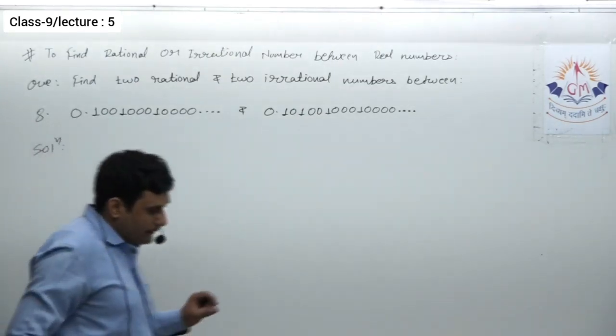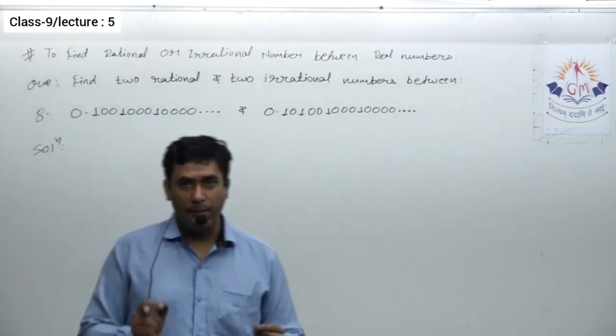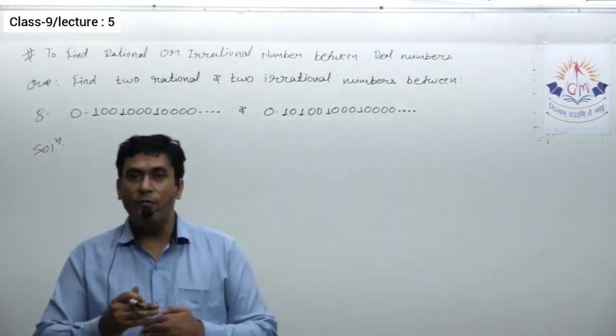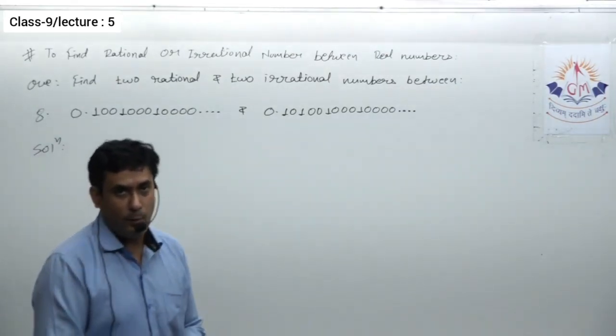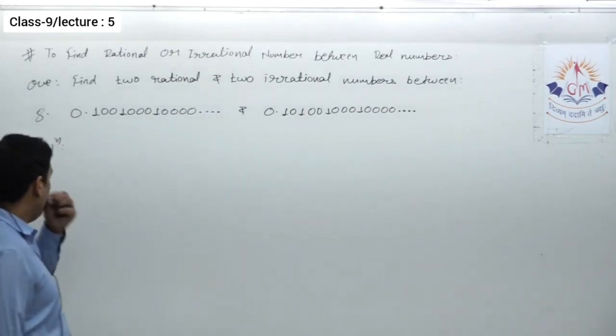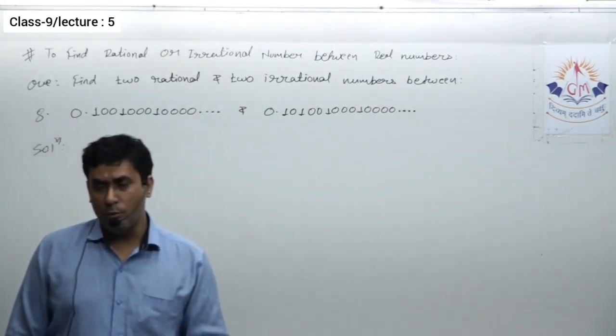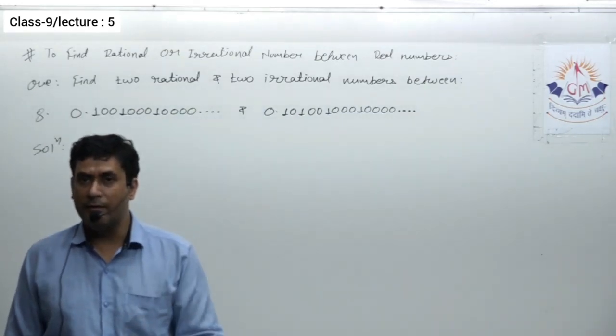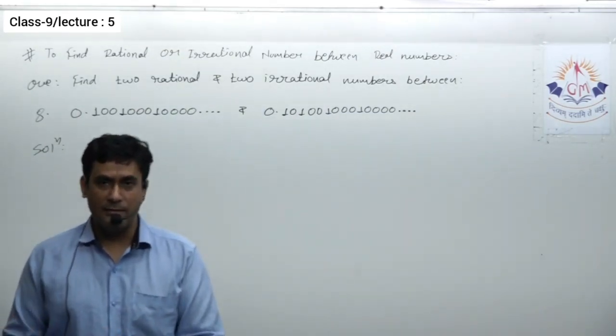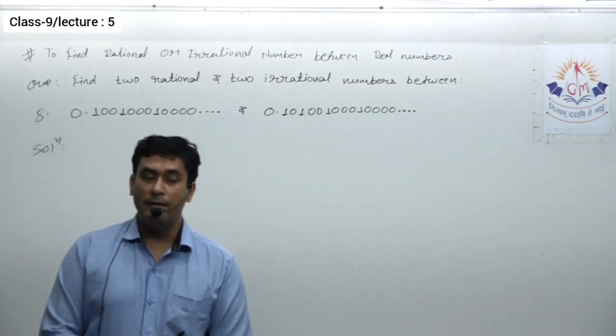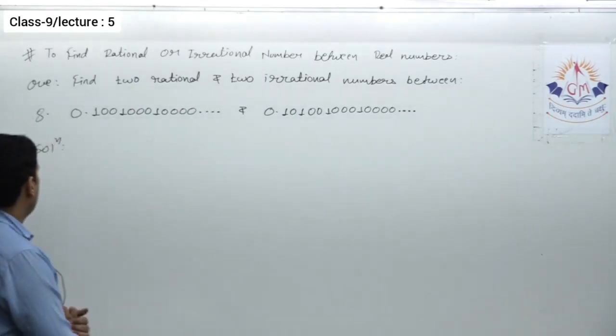See, I can give you one hint: after the decimal, compare each and every digit. Where you find a difference, come to that point. Then only it is possible to get one or two rational numbers between the given numbers, and as soon as we get the rational numbers, it is always easy to get the irrational numbers.